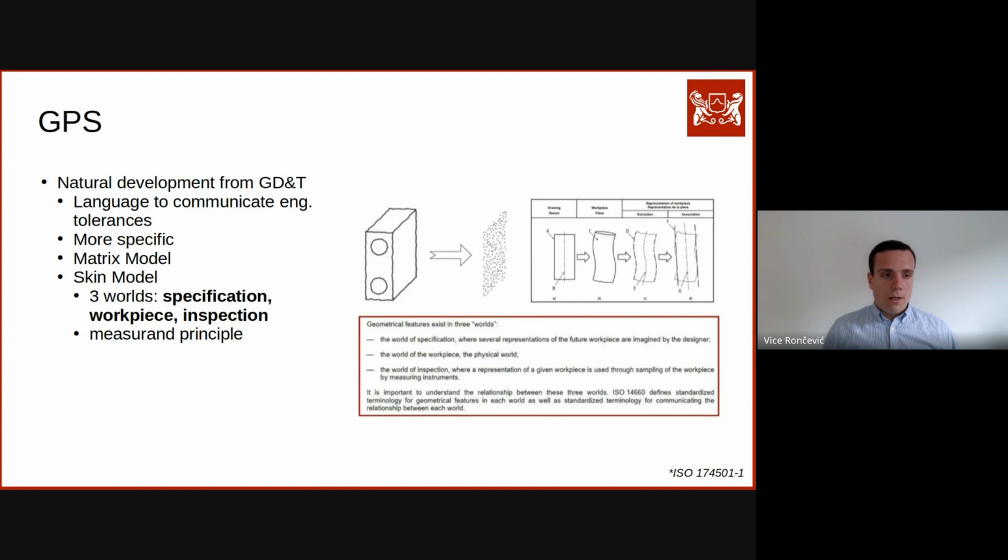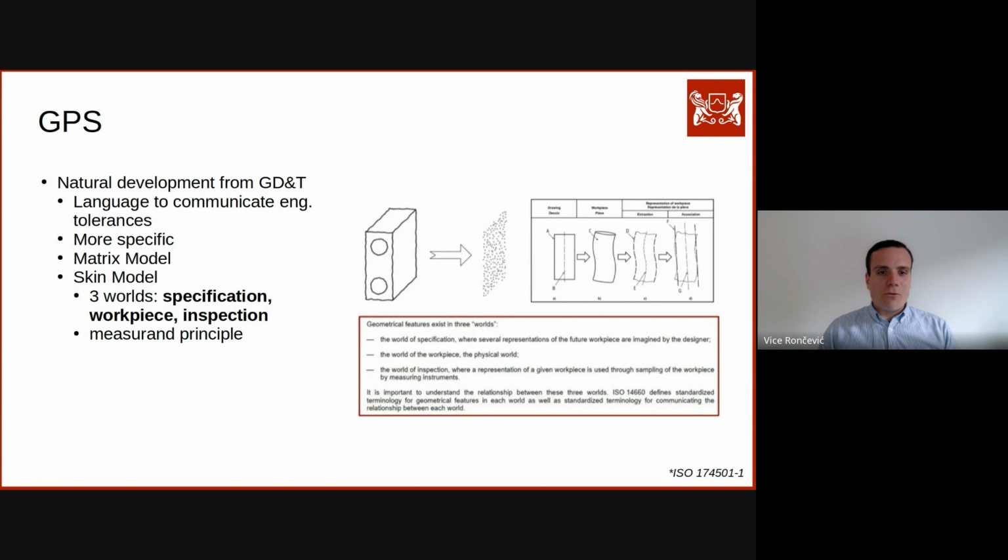So essentially, it is a family of standards that has grown from a need to describe the difference between the real world and the digital representation, not only digital but also analog, data representation that we have of that real world in our measurement.